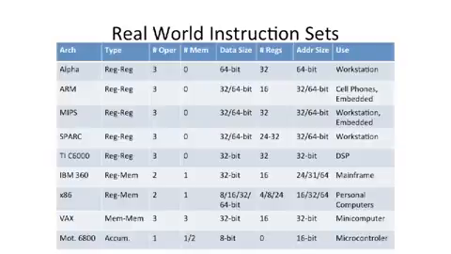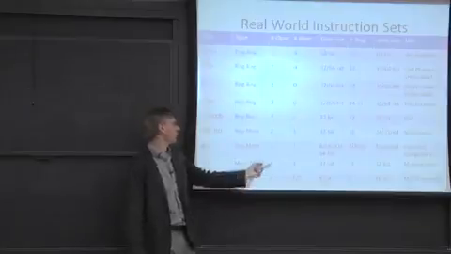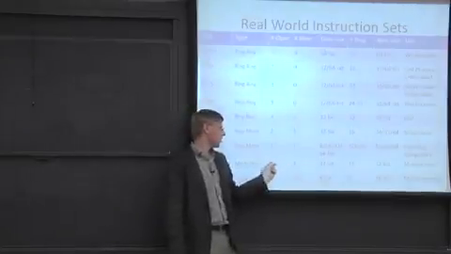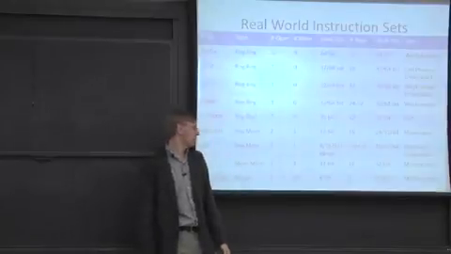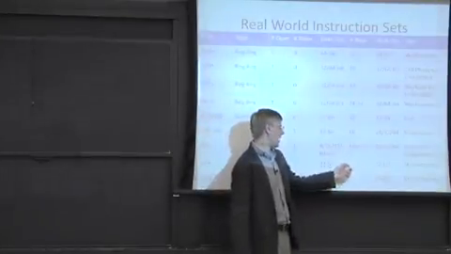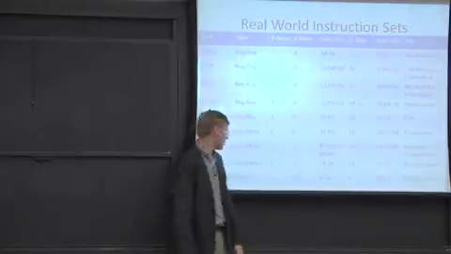You can see the TI C6000 is more for DSPs. But then we can start to see some more interesting stuff down here. Let's take a look at VAX. So VAX is a memory-memory architecture where it has 3 named operands, or could have up to 3 named operands, and all 3 of those can come from main memory. Has a relatively small number of registers.